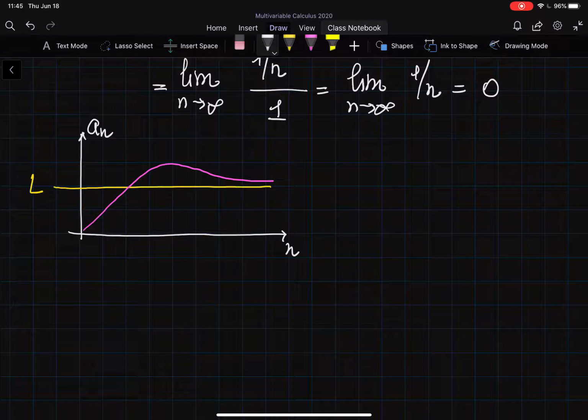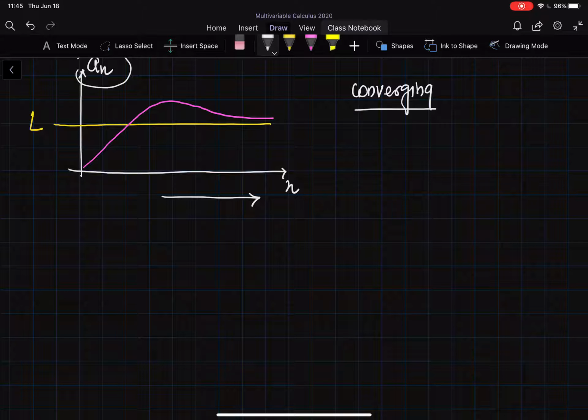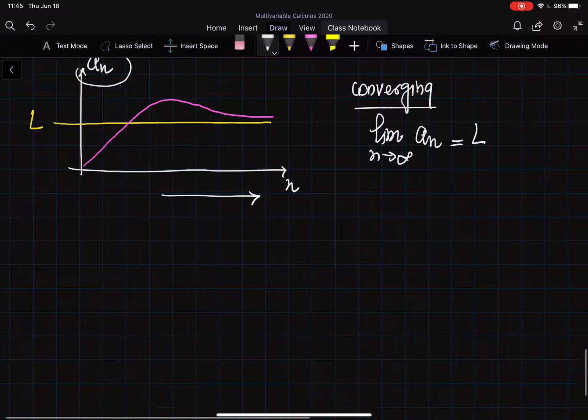As we increase n, the values of the sequence are going to be really close to the value of L. So this is about converging sequences. And we can find the limits of sequences by finding the limits of the general term, and we can use all the techniques we have used to find the limits of functions.